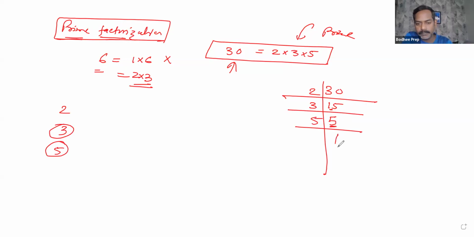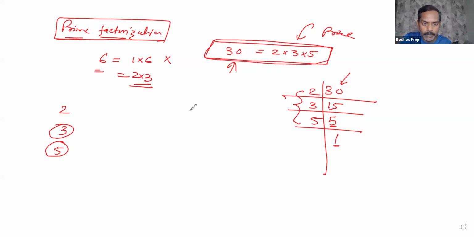How much? 1 time. So we have to follow this process till we get 1 at last. Then this number 30 will be the product of all these numbers. That is what is written here.